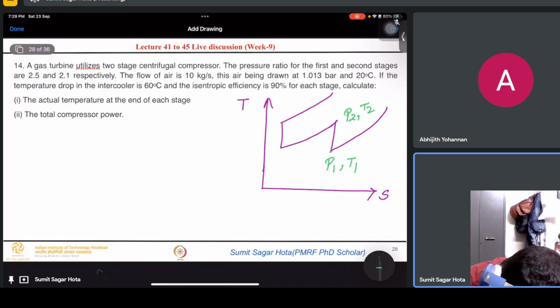Then this can be P3, but P2 and P3 will be same. Four pressures involved, but P2 and P3 are same. So here we also write P2, but the temperature will be different because it has some lower temperature, T3. And here it will be P3, and the temperature will also be different. So total three pressures and four temperatures are involved in this type of question.